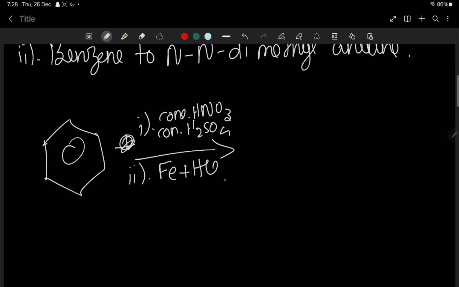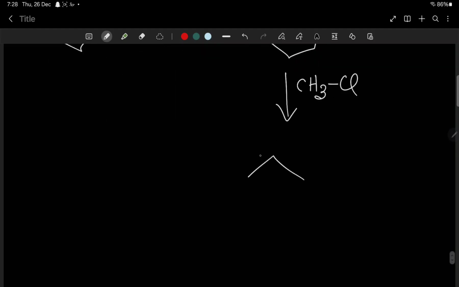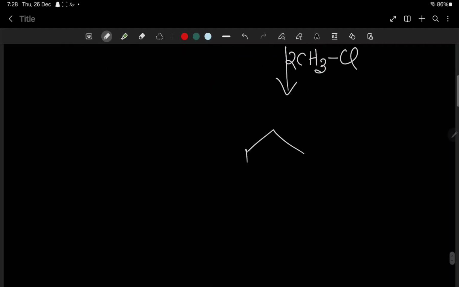So we get aniline. Into this aniline what will we add? Add CH3Cl. How many moles of CH3Cl? 2 moles of CH3Cl. Ammonolysis reaction. 1 mole means secondary, 2 moles means tertiary.